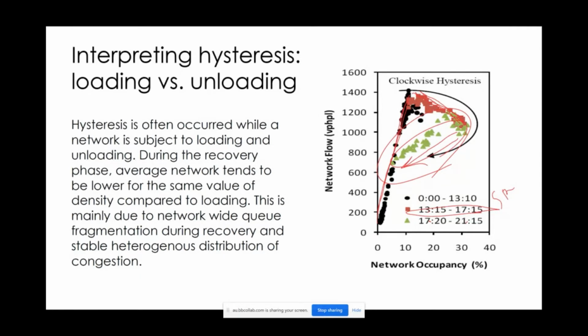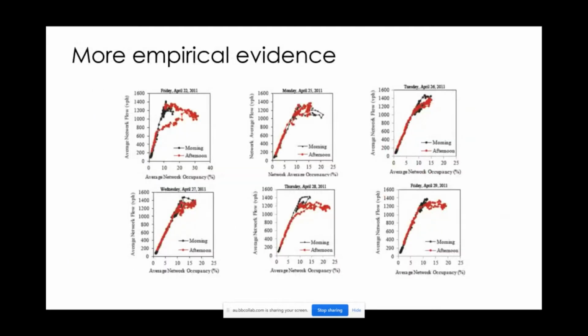But when the queue is dissipating at the link level, we call it fragmented queues. The whole queue may fragment into multiple smaller queues, and then it becomes very heterogeneous. So a similar phenomenon seems to be happening at the network level, which is causing this loading versus unloading pattern, and as a result, the hysteresis that we see in the MFD.